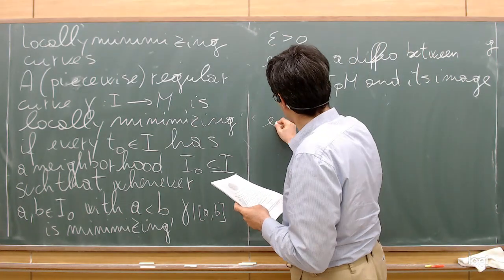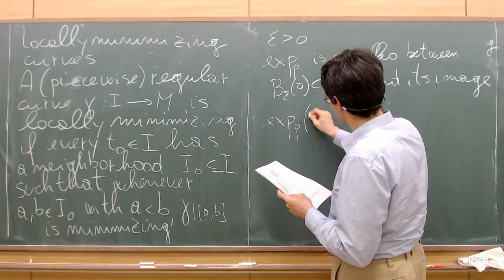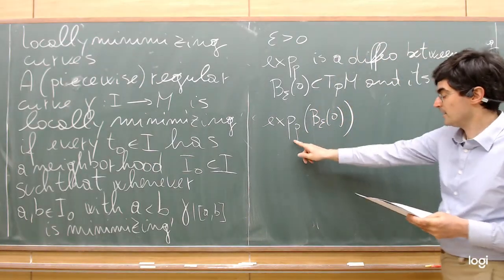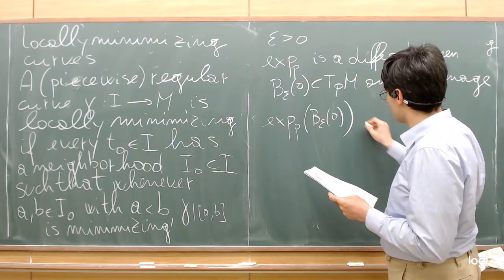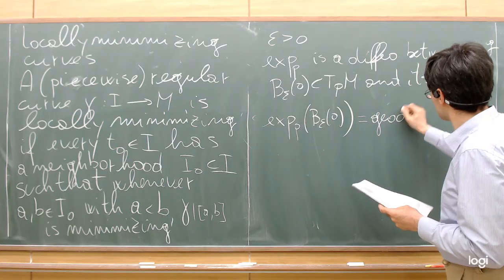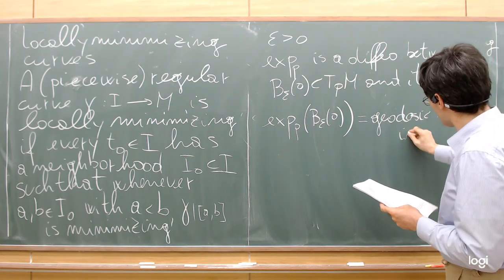Then the image of this ball by the exponential map is what we call a geodesic ball in M.